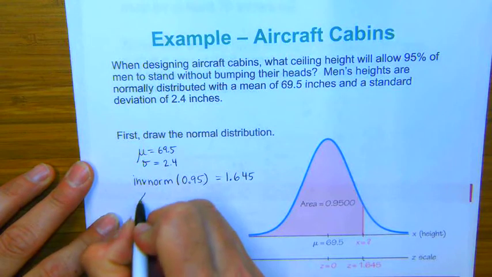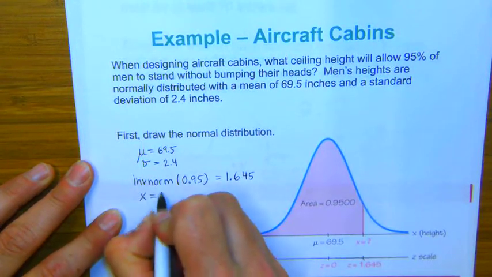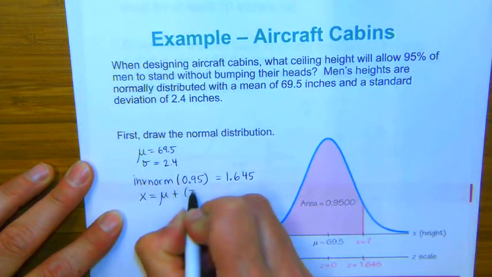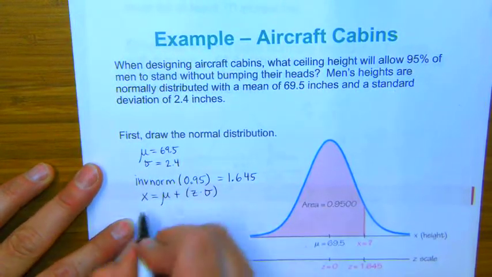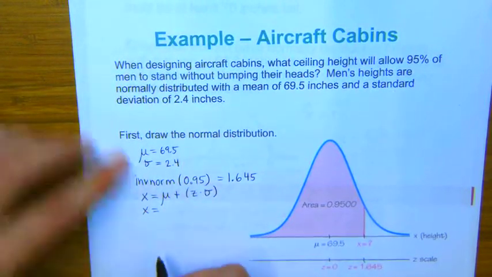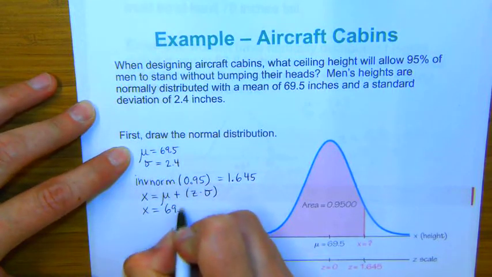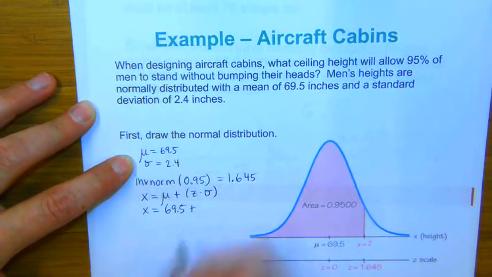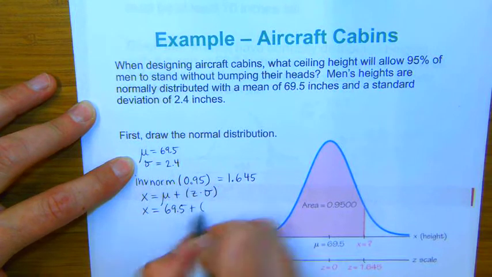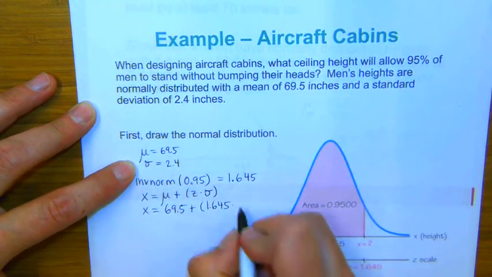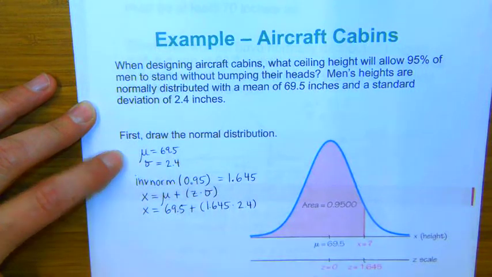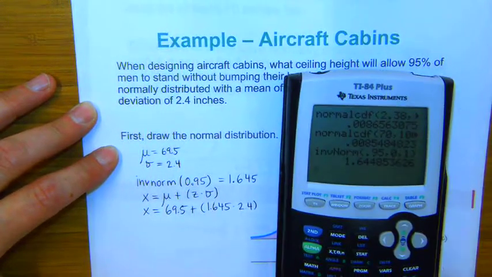So x is equal to mu plus z times sigma. We're plugging in our mean of 69.5, our z-score, which we just found, of 1.645, and our standard deviation of 2.4. So let's multiply this all together.